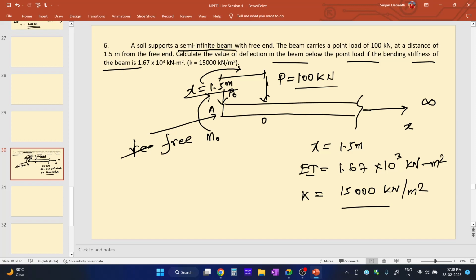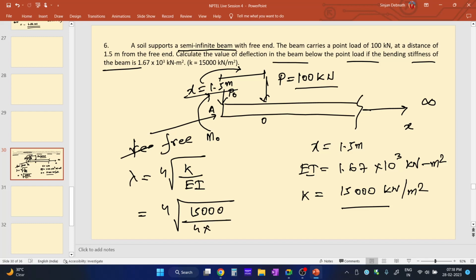Okay, so now let me find out the value of lambda because we need it. So lambda is equal to the fourth root of K by 4EI. So 4EI means this, and 15,000 divided by it.